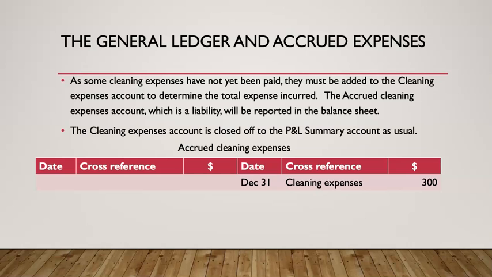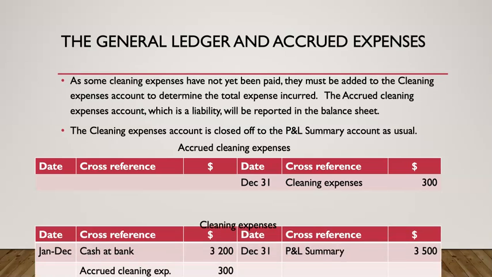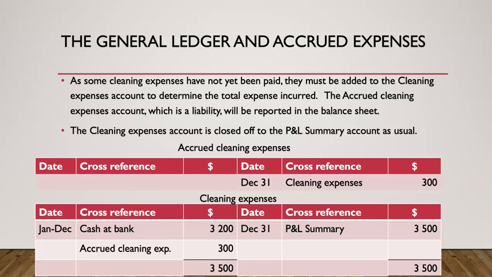The cleaning expenses account is going to show now that we have $3,500 of expenses, and it will be closed off as normal. So we've already paid $3,200, so hence the cash at bank $3,200. Expenses going up are debits.